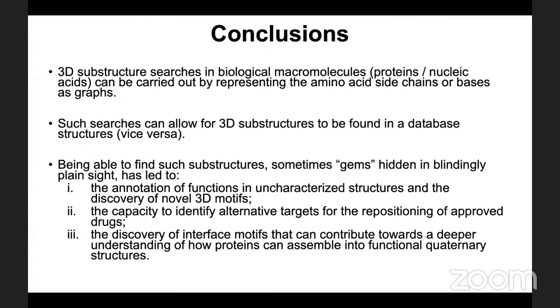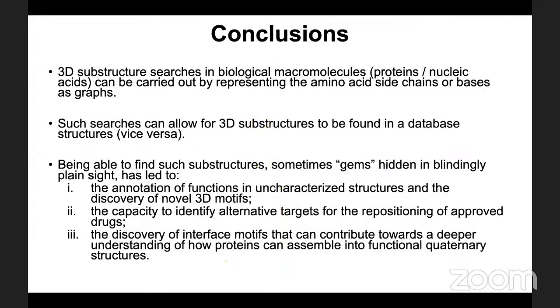And being able to find such substructures has allowed us to uncover gems that are hidden in what we call blindingly plain sight. It's right there in front of you, but because we cannot see the context, we are not able to understand that.